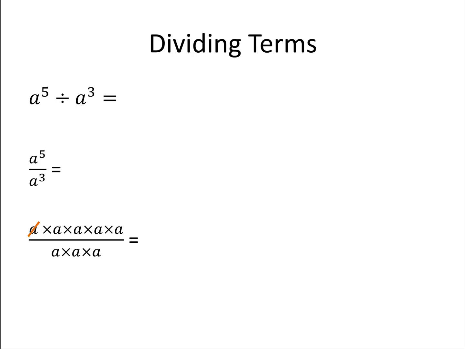I can cancel an a from top and bottom, I can cancel a second a from top and bottom, and a third pair of a's, leaving two a's, a times a, which is a squared. Therefore, to divide terms, all I need to do is take away the indices. 5 take away 3 is 2, so my index is now 2.